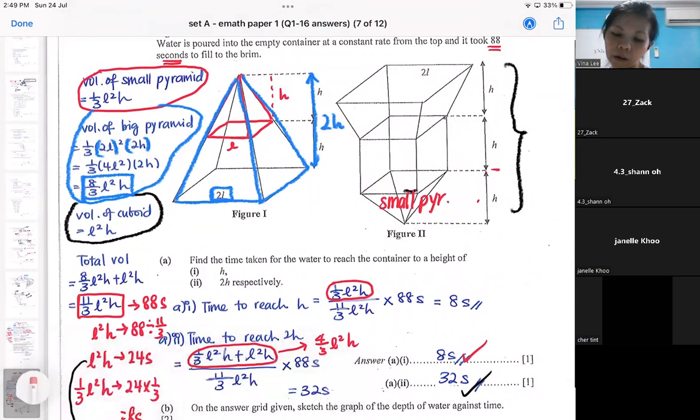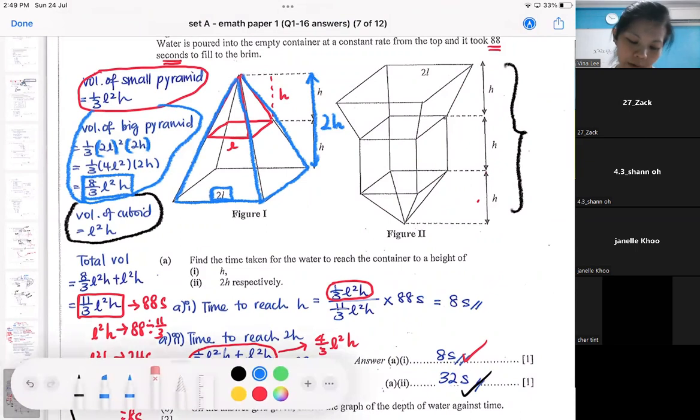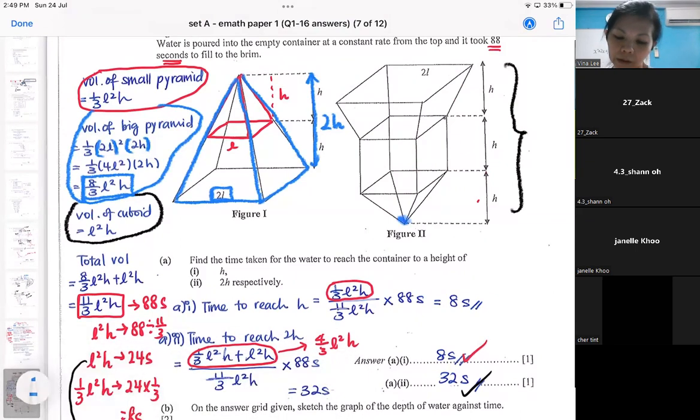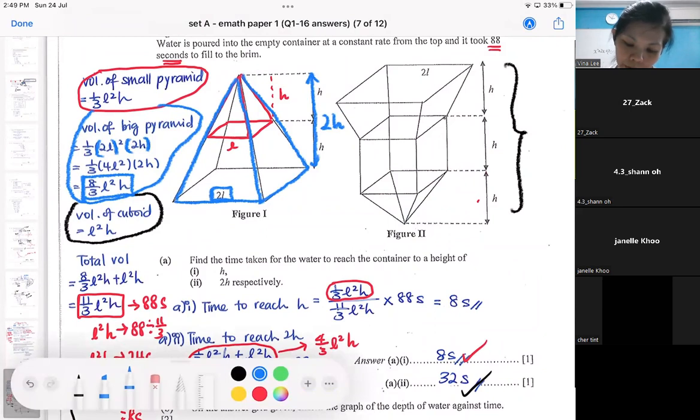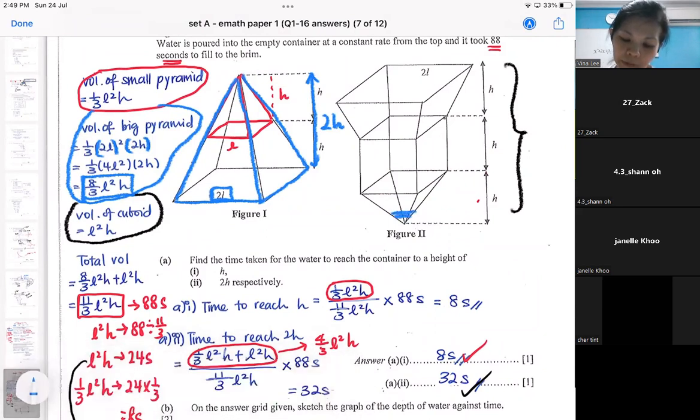So if some of you are not so good, you can think about it this way. You try to pour in water. You will find that the initial part is very fast. The initial part is very fast because it's just a small volume, but you will get slower and slower.